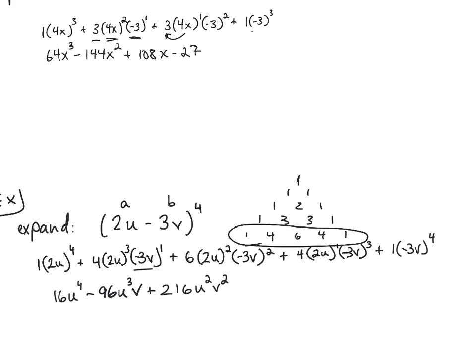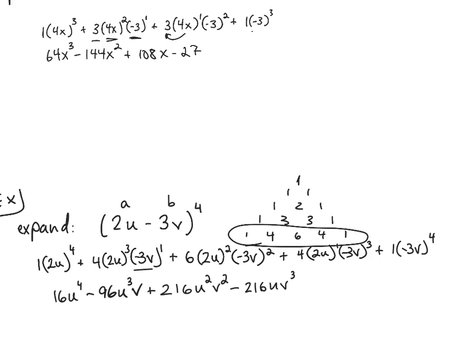Okay, moving on to here, we're going to have a negative 3 cubed, which is negative 27. And then we have 2u, but that's raised to the first, that stays a 2. 2 times 4 is 8, so we need 8 times negative 27, which is negative 216. So minus 216, we're going to have a u to the first power and a v to the third power.